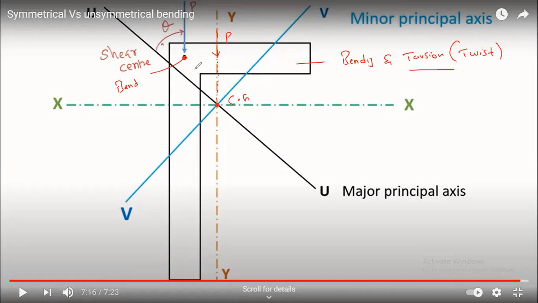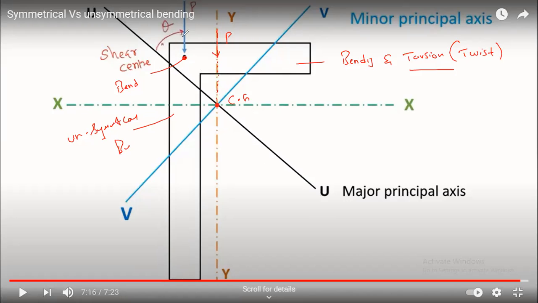And one more thing, how is this angle section considered as unsymmetrical bending? Why? Because you can see this is the x-axis and this is the y-axis, so this is the major principal axis and this is the minor principal axis. The load is not passing through the center of gravity, so the load is making some angle with the major principal axis.